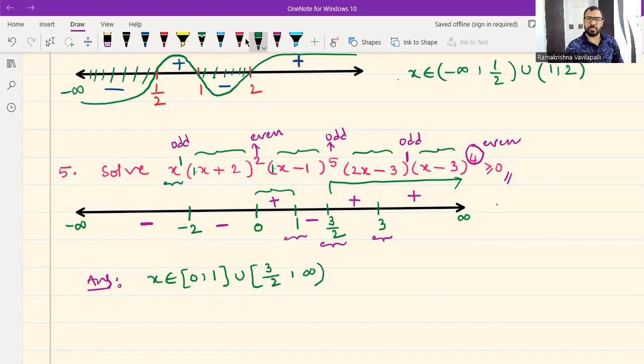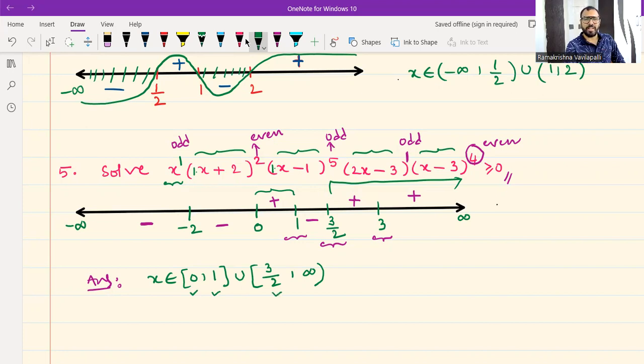But still the problem is not yet finished. This answer is wrong because the given expression is 0 when x equals 0, when x equals minus 2, when x equals 1, when x equals 3 by 2, when x equals 3. So all these numbers must be included in the solution. Here 0 is included, 1 is included, 3 by 2 is included.